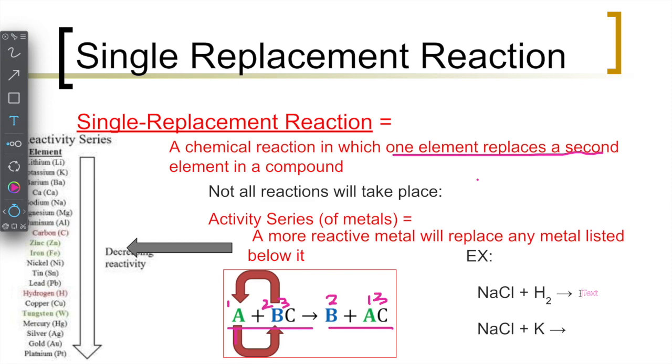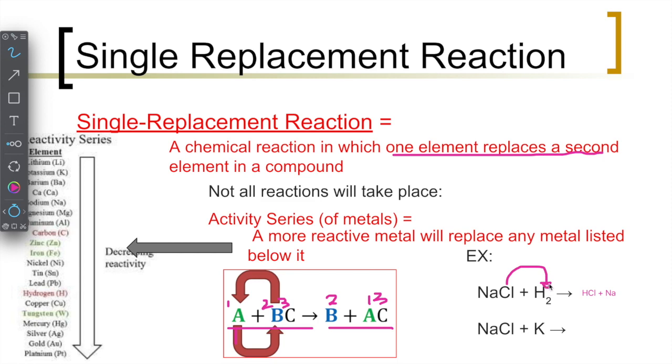The products for this, we're going to exchange Na. So this is going to become HCl plus Na. So we've swapped hydrogen and sodium. It's a single replacement. You're starting with 1, 2, 3, and you're ending with 2, 1, 3.